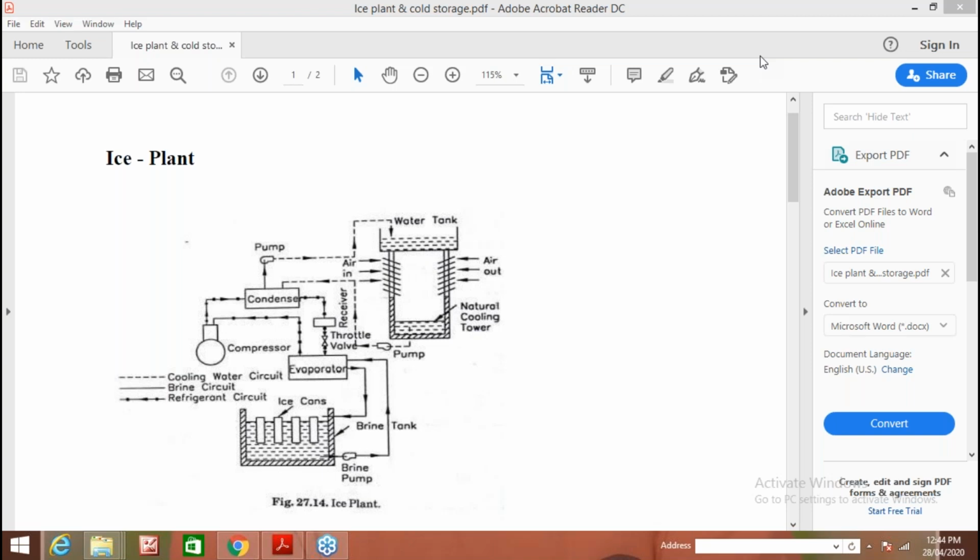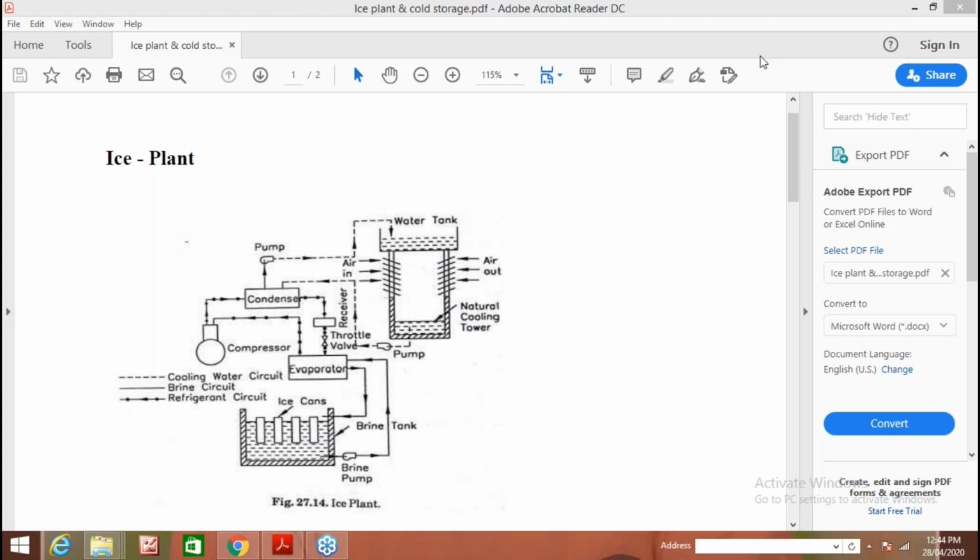If we have an ice plant capacity of 10 tons, then we will require almost 200 kg of refrigerant. Ammonia is 10% cheaper than F12. So because of this cheapness and the requirement of an ample amount of refrigerant, ammonia is selected instead of F12.